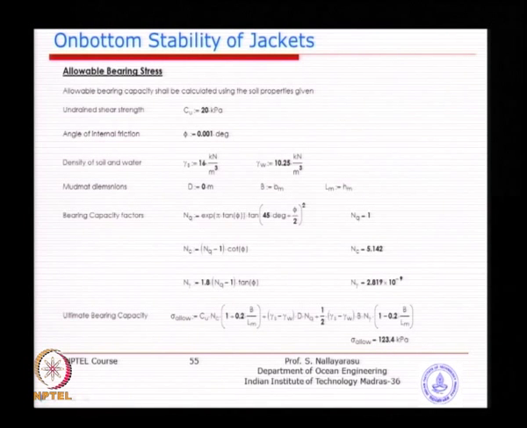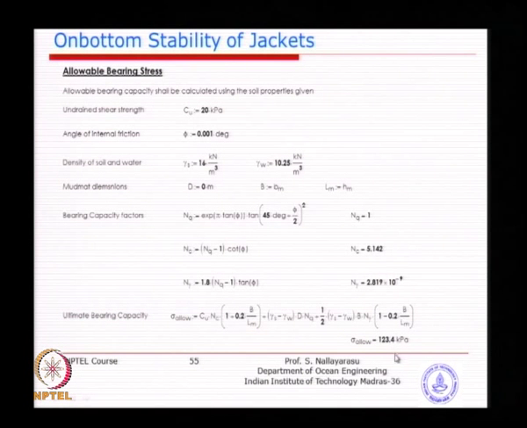You can easily calculate the ultimate bearing capacity using your bearing capacity formulas. The full formula is expressed here. Of course, substituting the parameters, phi is equal to 0 because it is clay, and you get the allowable bearing capacity after dividing by the factor of safety, or in fact the ultimate bearing capacity.